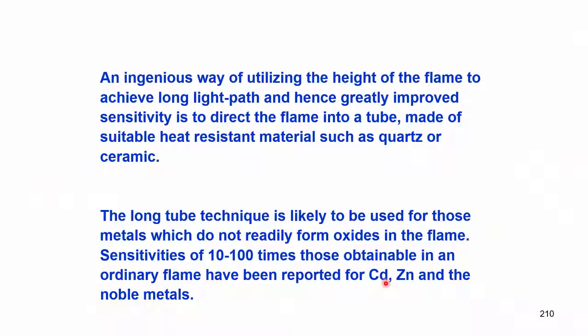So, approximately 10 to 100 times sensitivity is obtainable compared to an ordinary flame, for a few elements like cadmium, zinc and some noble metals. This is important for us to understand why we go for a total combustion burner.